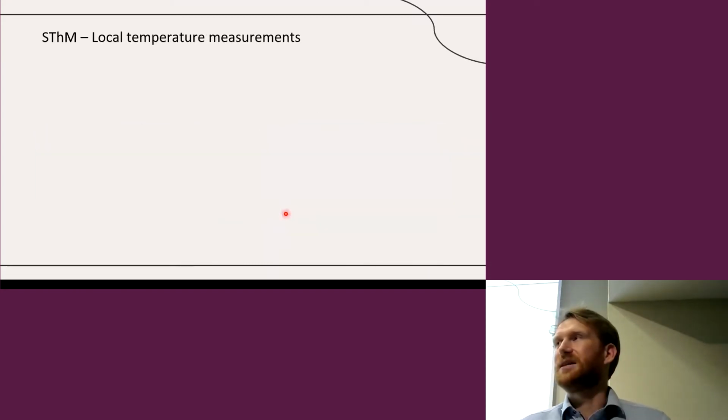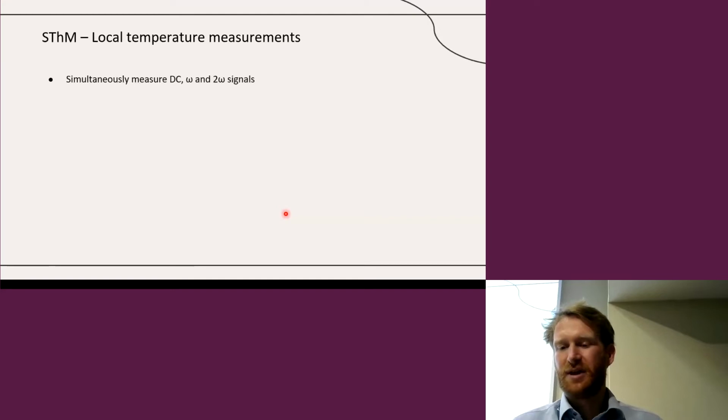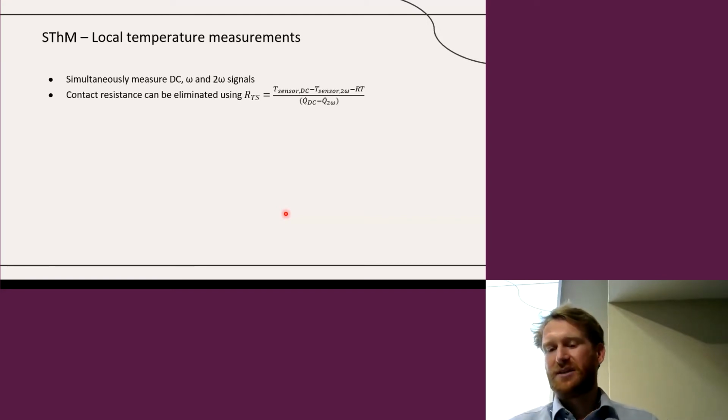The other way that SThM is being used is to locally measure the temperature on samples that are being heated up through other means. Generally, these other means are the self-heating method.